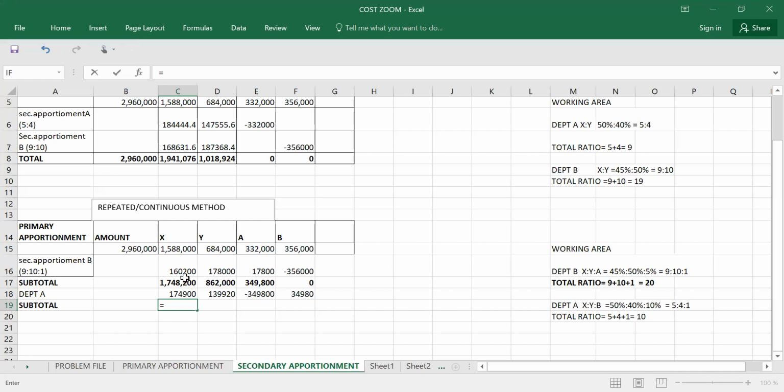We are starting from our subtotal. So I'm just adding this plus what we have been given, right? Also, this is equal to this plus that. Okay, so we do that throughout.